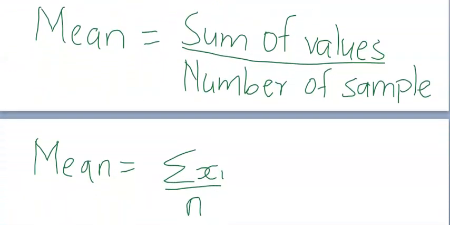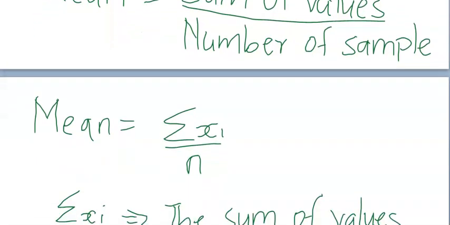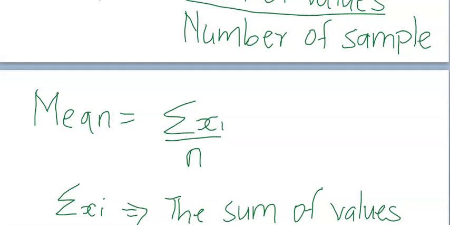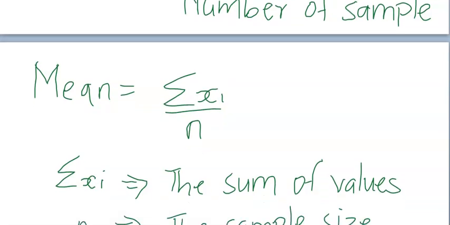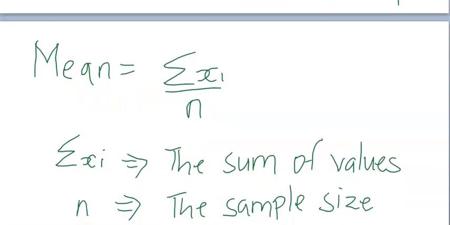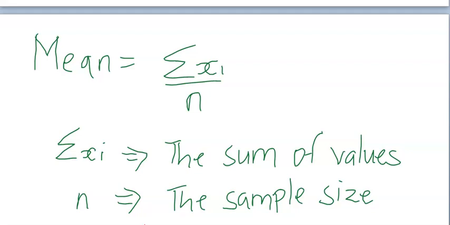It can as well be written as the mean is equal to the summation of xi all over n, whereby the summation of xi is the sum of all the values and n is the sample size.